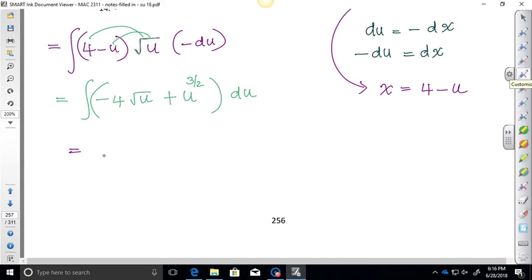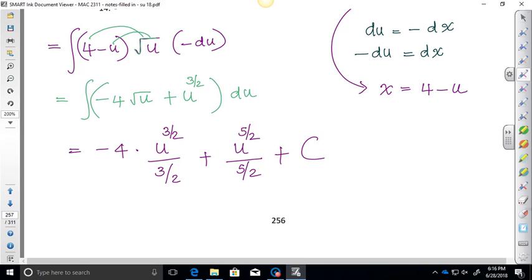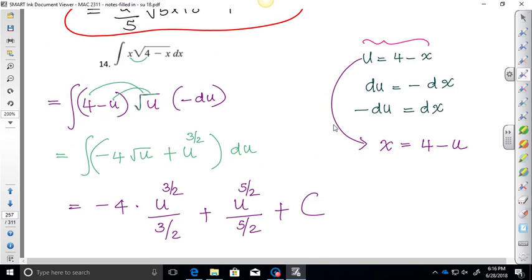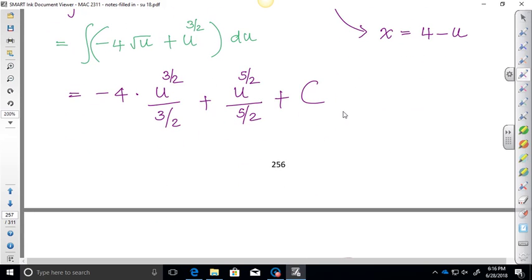It's going to be negative 4 times u to the 3/2 divided by 3/2 plus u to the 5/2 divided by 5/2 plus c. Now we change u back to whatever that is. What was u? 4 minus x.